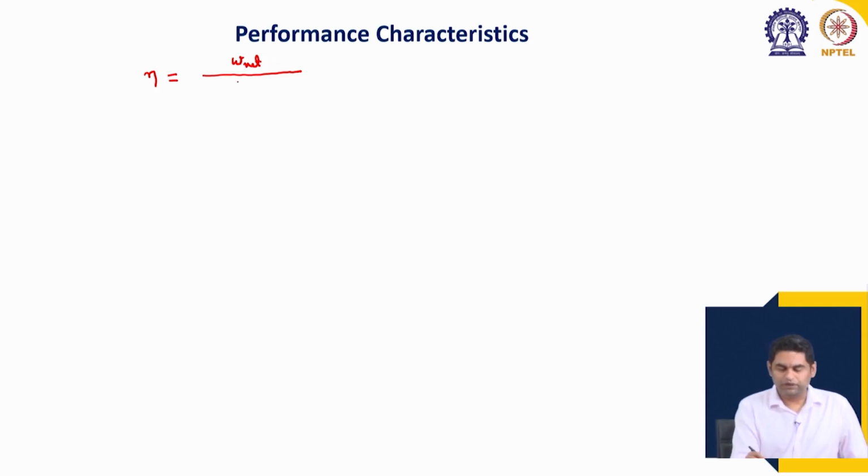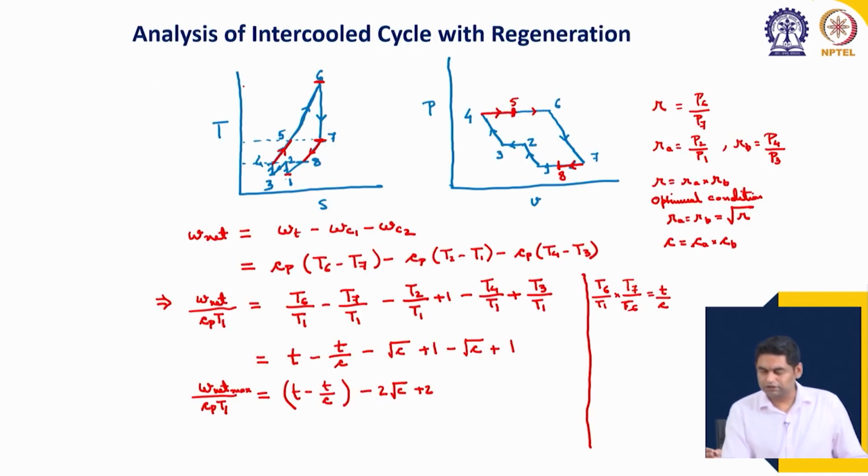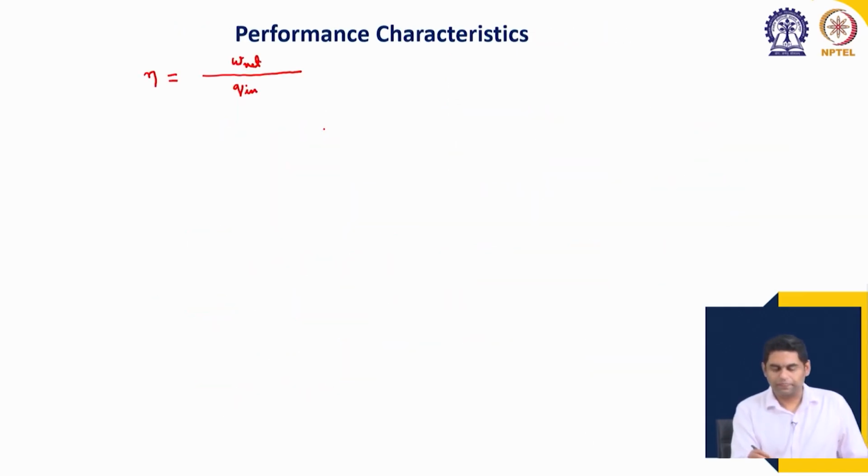So, W net by Q in, and what is Q in this case? Cp into T6 minus T7.